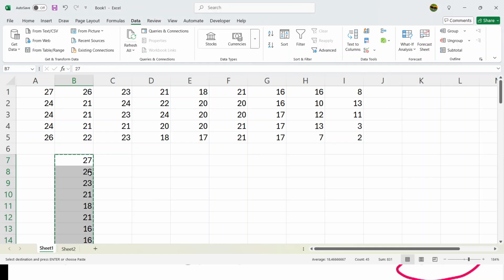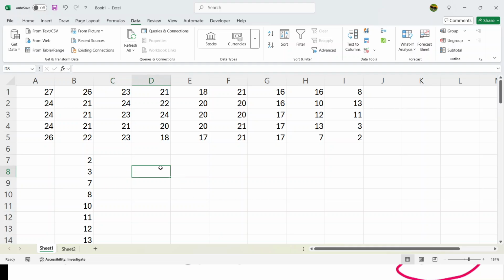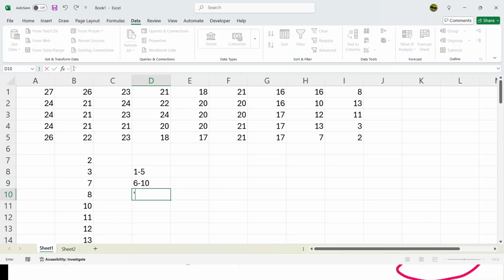Once arranged in ascending order, the question says class 1 to 5, class 6 to 10, class 11 to 15.